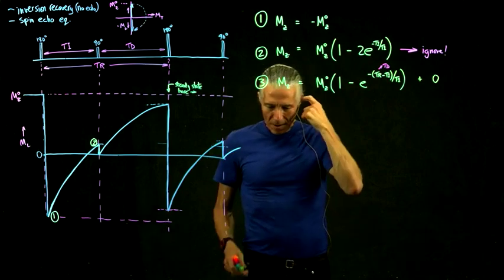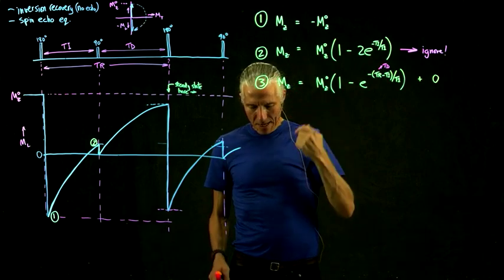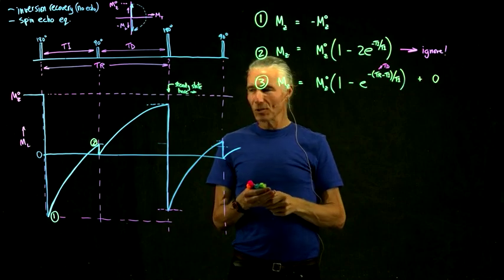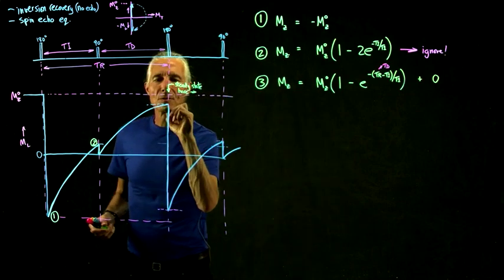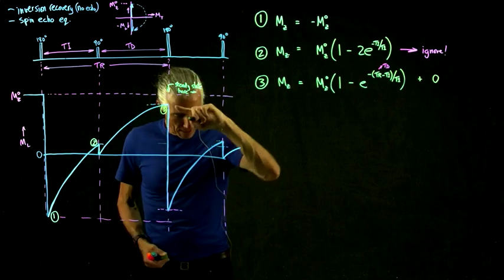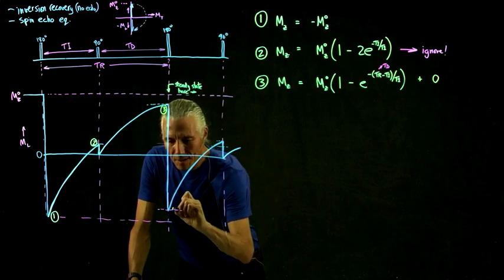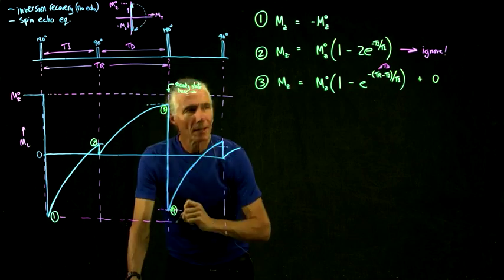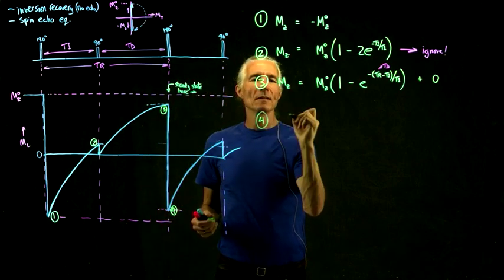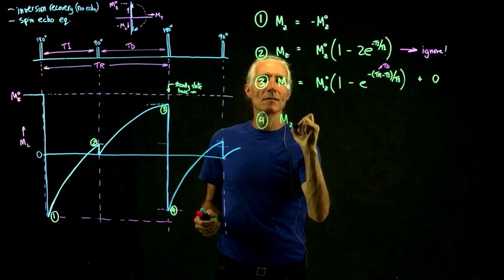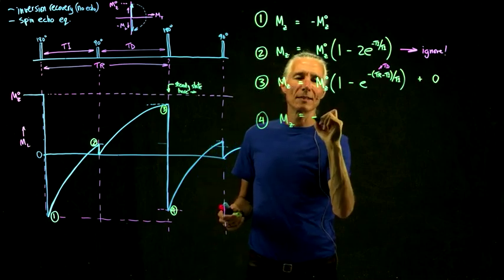Okay, so now what do we do? We just do another flip. So we were up to 3 over here, and now we're up to 4. And what is 4? Well, 4 is just the longitudinal equals minus the same.